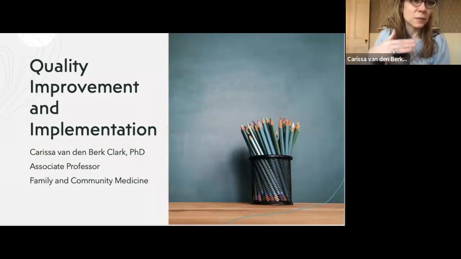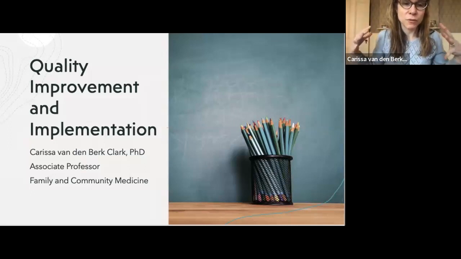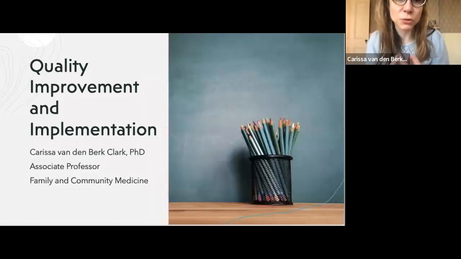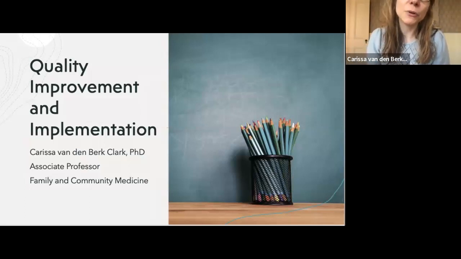So I'm just going to show you the differences between the more traditional strategy for quality improvement. And if you are interested in looking at some problems that are going on in your organization or why certain interventions aren't working, how you can do a QI study that focuses on that and actually gets at the heart of the matter.